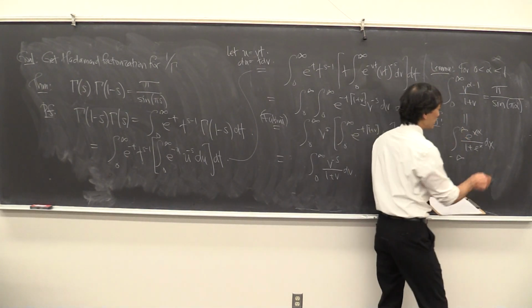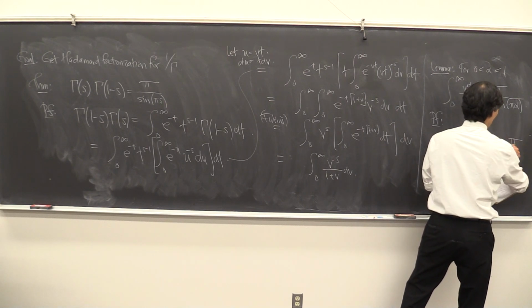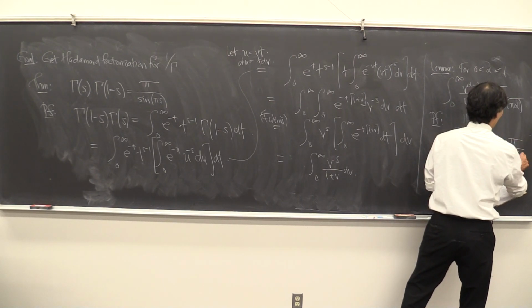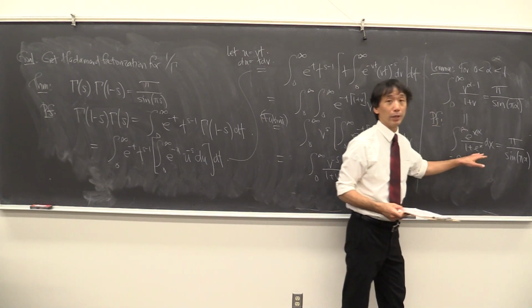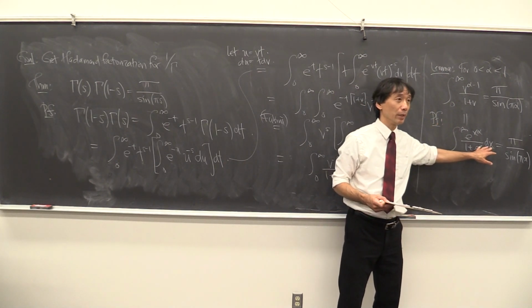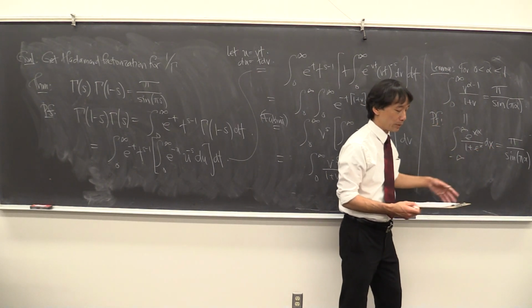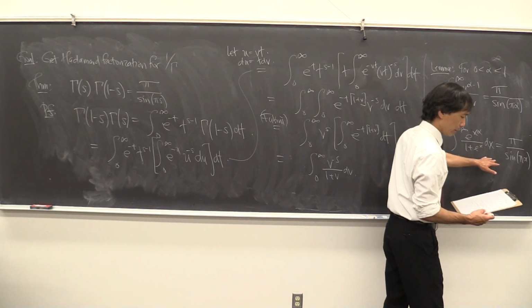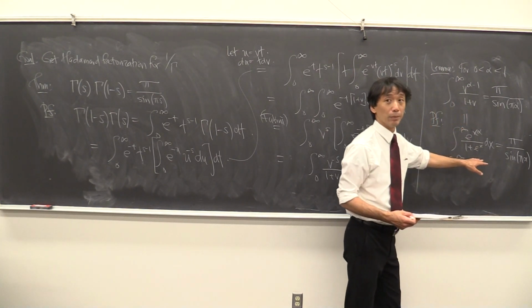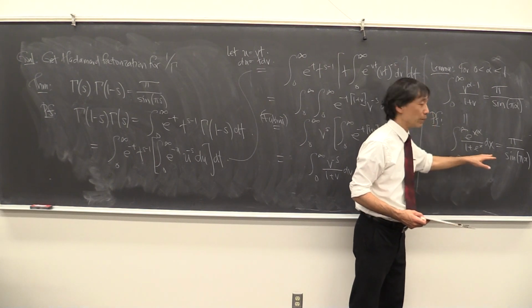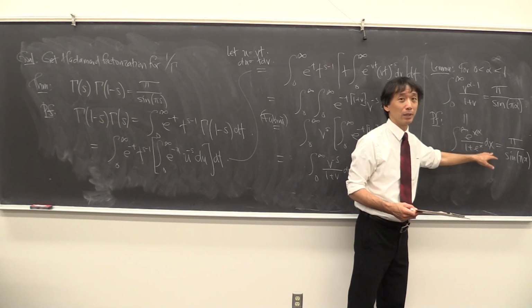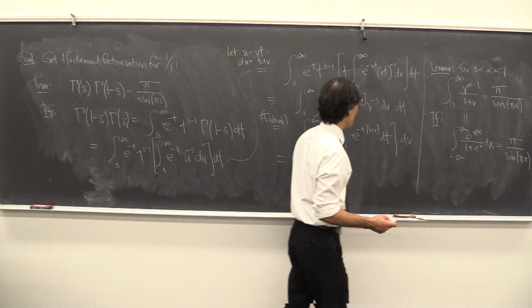Okay, but this is actually an integral that we saw earlier, that we did when we were doing contour integration. This is something that was back in chapter 2. This was one of the examples of the contour integration. So that's where that comes from.